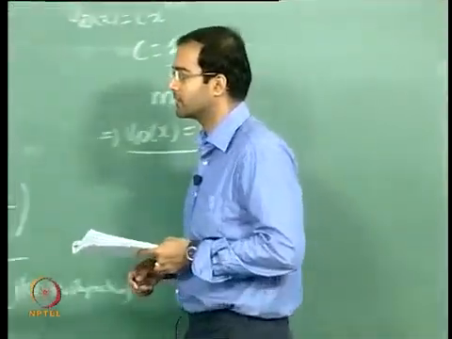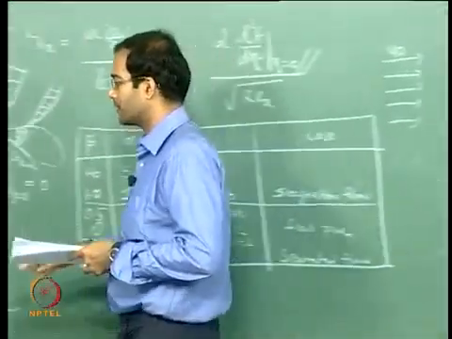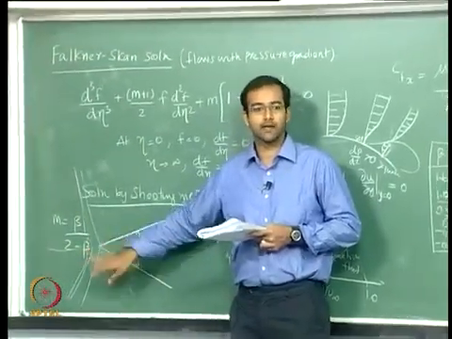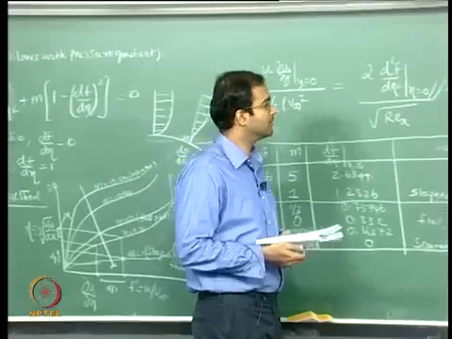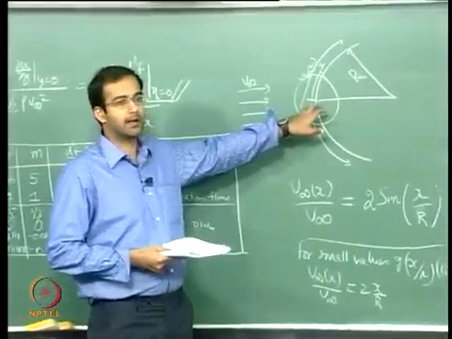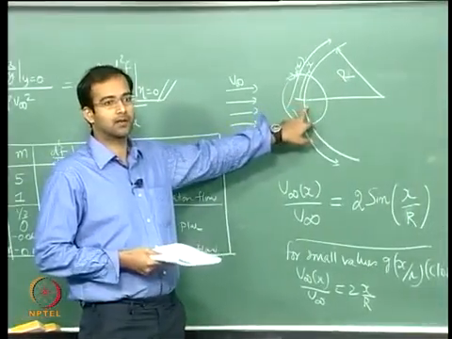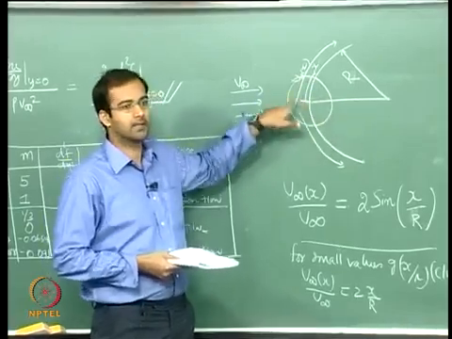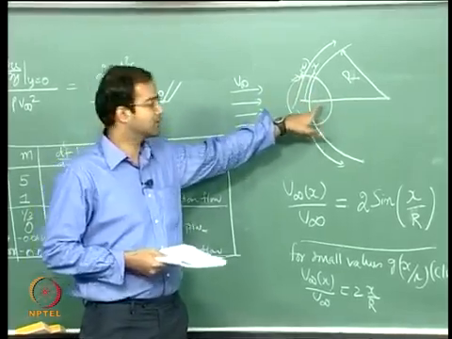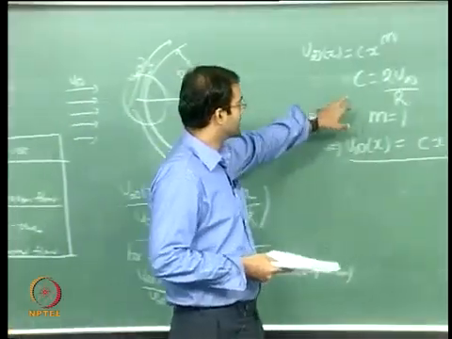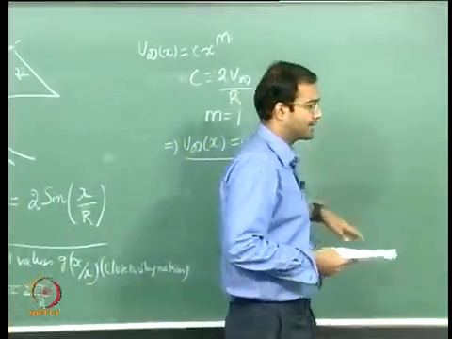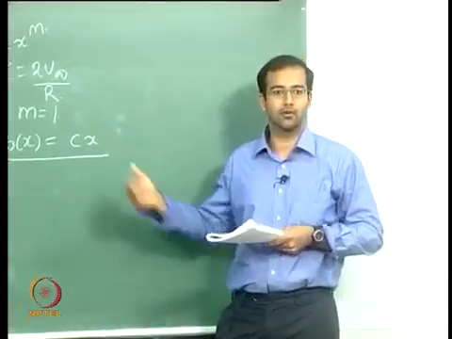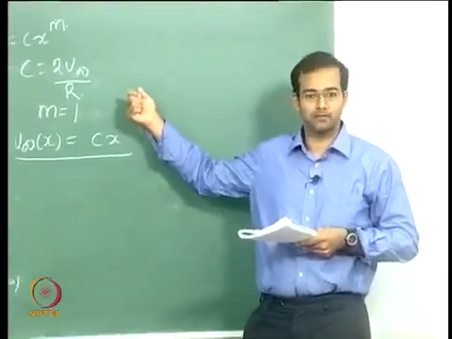The Falkner-Skan solution does not mean it is only applied to a wedge configuration like this. It can even apply to any stagnation flow, even for a bluff body like this. It does not need to have a sharp corner, provided you are looking at only the region close to the stagnation region. So if you simply use c equal to 2 u infinity by r, this is nothing but the stagnation flow. The same solution will hold for the cylinder as well.